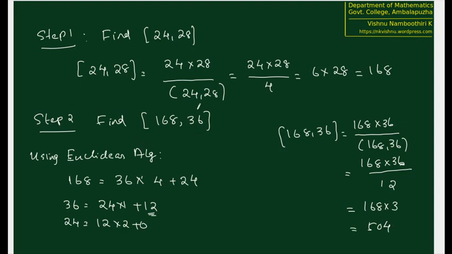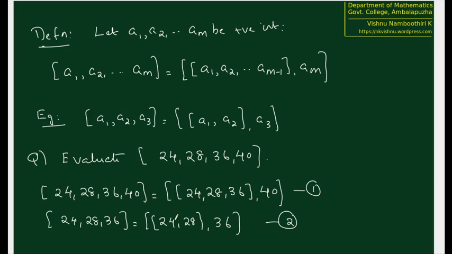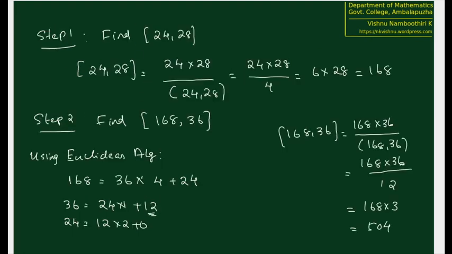So we found the LCM of 168 and 36 to be 504. Therefore the LCM of these three integers 24, 28, 36 is 504.